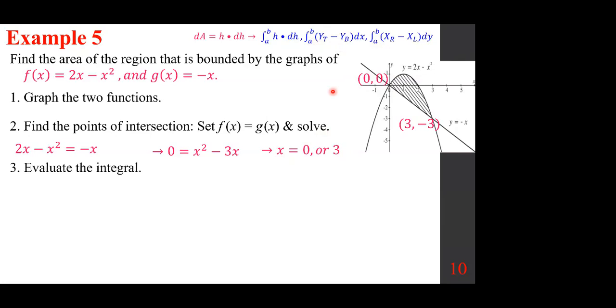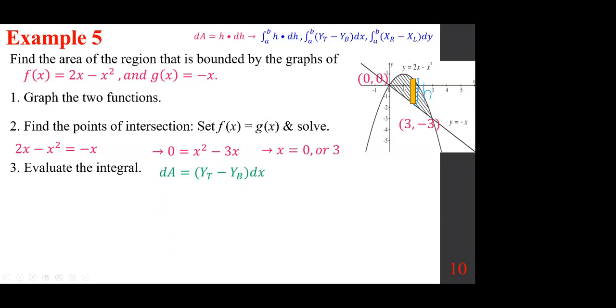The next part says, okay, let's evaluate the integral. The question is which integral? Let's come up with a typical strip, which is a vertical strip. What is the width? Because we are sweeping across the x-axis, this is dx. And the height is y of the top minus y of the bottom.